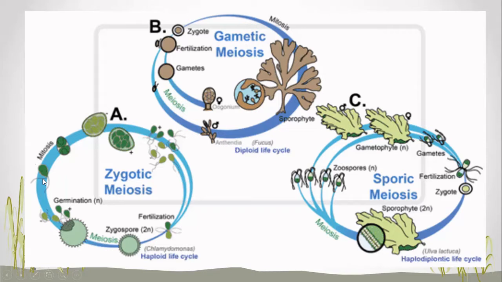Each haploid cell undergoes mitotic division. Since they are haploid, once they release the plus and minus gametes, that's when they mate and fertilize again to form a zygospore. So that is a haploid life cycle. This is the diplontic life cycle, the diploid life cycle.